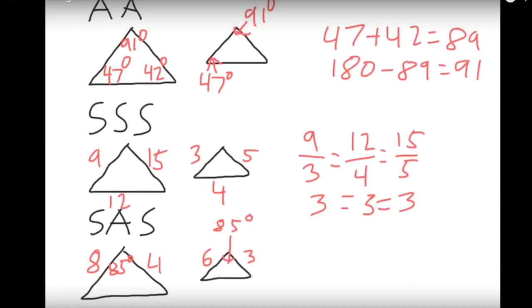So, just like we did on the other one, 8 corresponds to 6, 4 corresponds to 3. Well, 8 over 6 is 4/3, and 4/3 doesn't reduce anymore. So we've got 4/3 equals 4/3. Those two are proportional with an angle in between them, meaning that these two triangles are similar by side-angle-side.